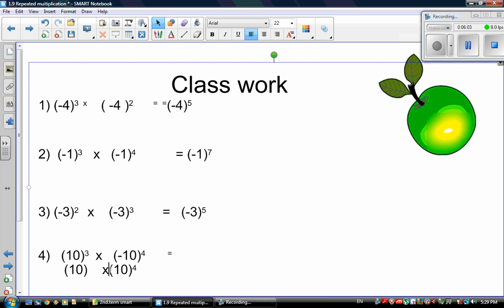Because if the base is negative and the power is even, the answer will be a positive number. So we remove the negative sign. And now notice that the bases are the same.